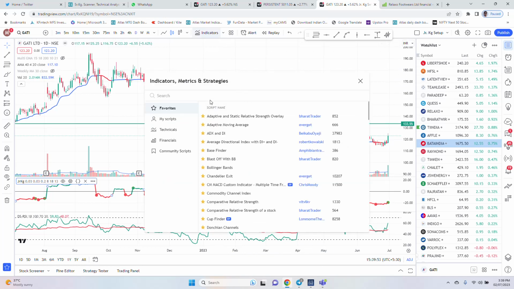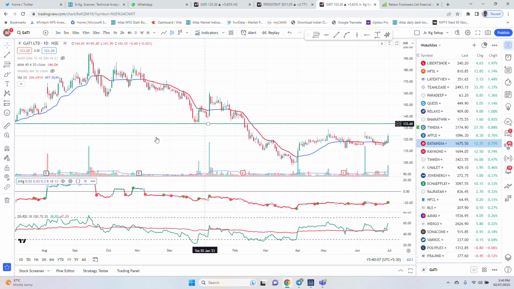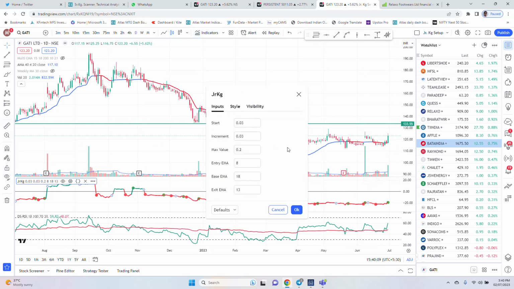If you go to indicators and type junior KG, you will get this V7 with my name Manish. So you need to select this indicator. The settings for this indicator are, for parabolic, 0.03, 0.03 and 0.2, and 8 EMA, 18 EMA and 13 EMA.